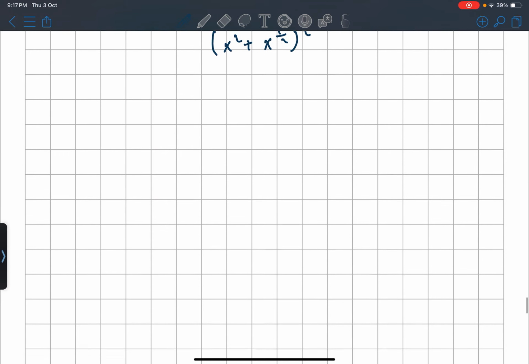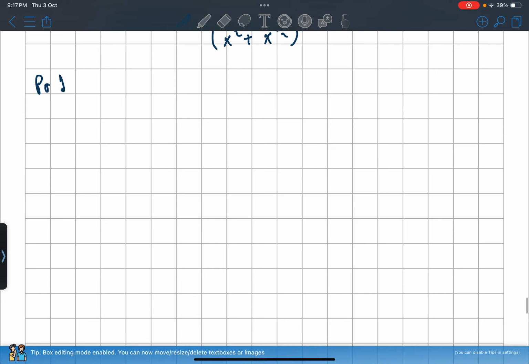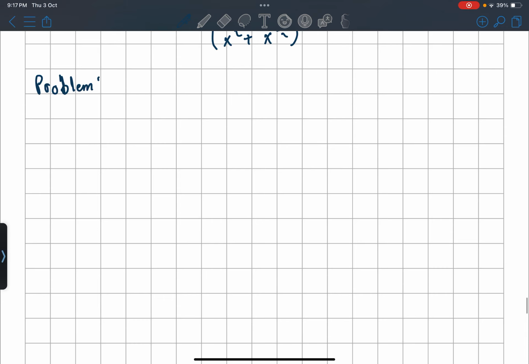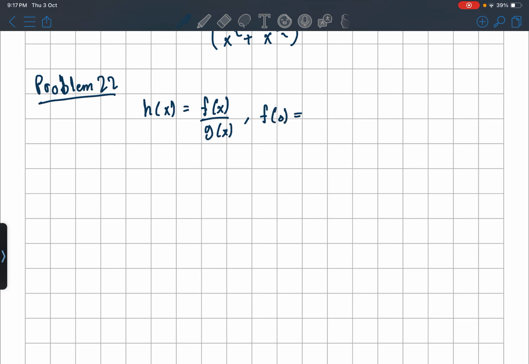Okay, we have next problem 22. So we have here h(x) equal f(x) over g(x), and he gave to us f(0) is equal to 1, f(1) equal to minus 2, and f prime 0 is equal to minus 1, f prime 1 equal to 3.